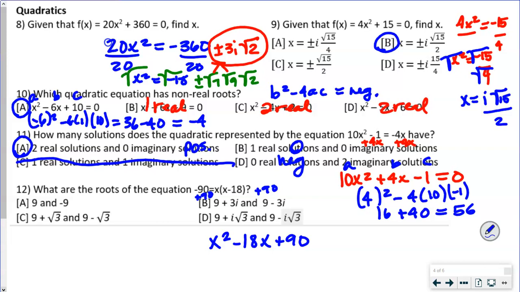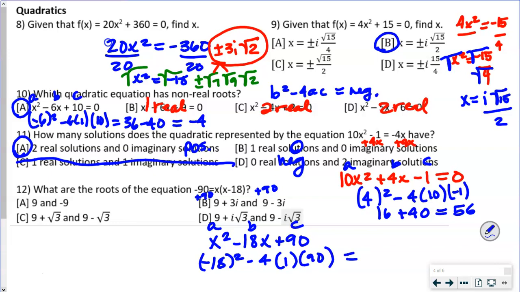Now, if we're not sure about that, then what can we use? We can use the quadratic formula, right? So when we do this, if we put a here and b here and c here, then we can find our answer, right? So this is going to be negative 18 squared minus 4 times 1 times 90, right?